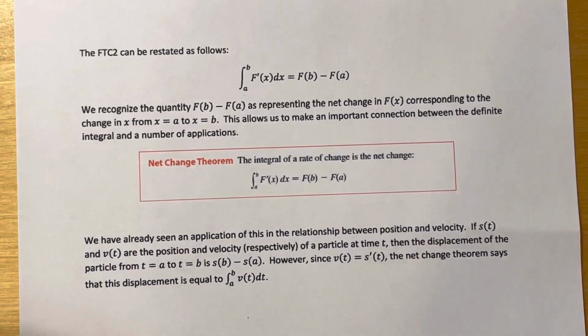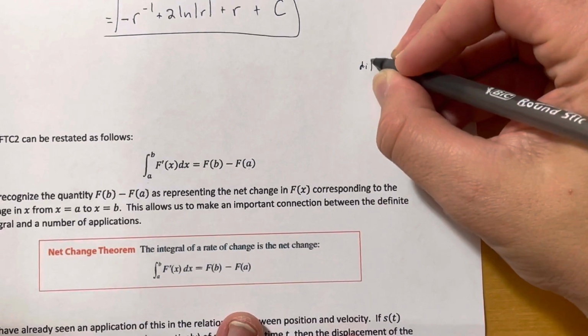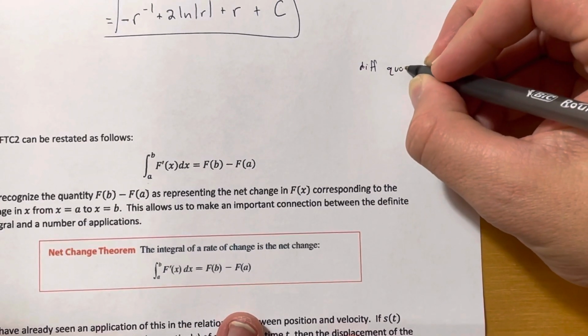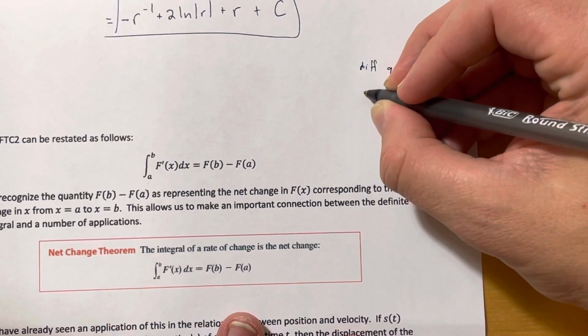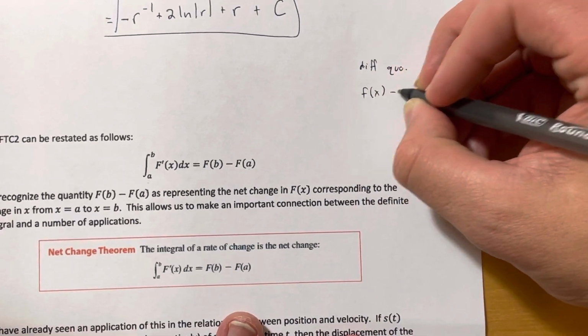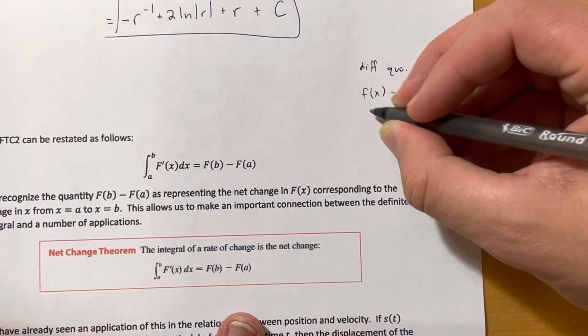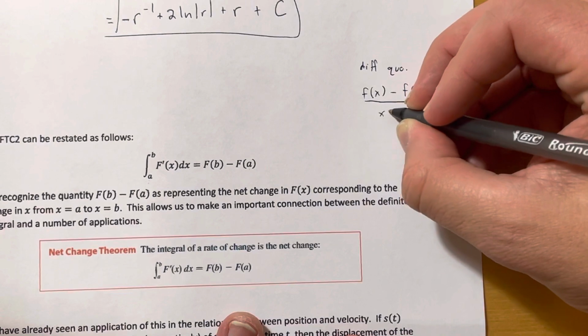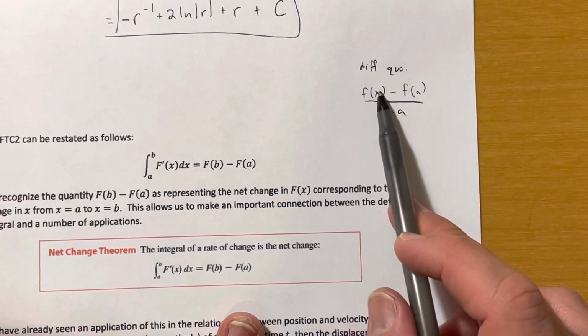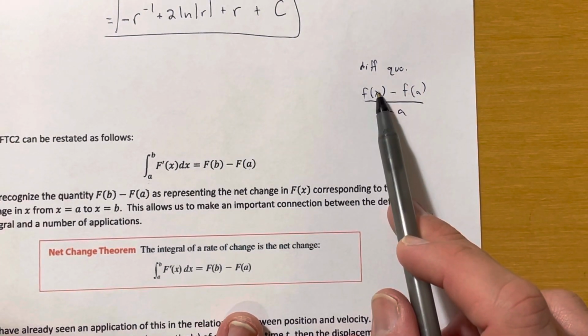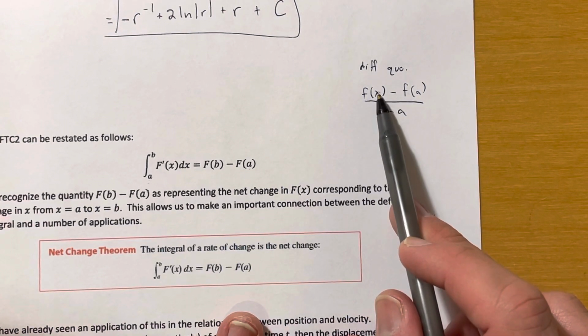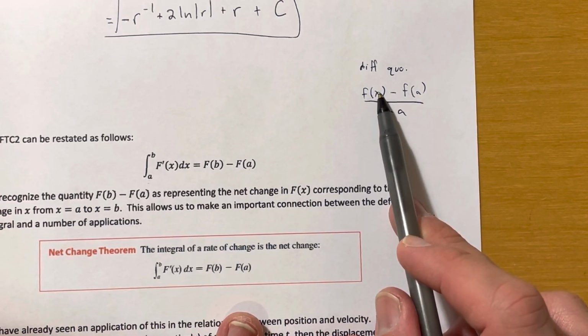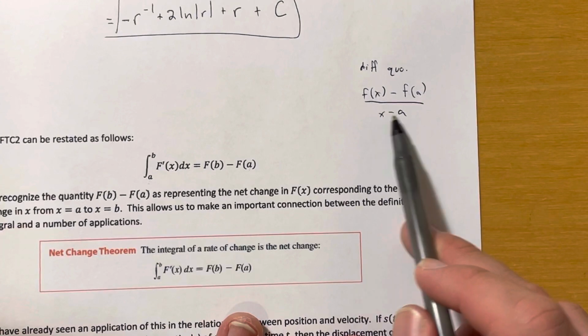When we talked about difference quotients, we defined that to be f of x minus f of a over x minus a. In the numerator, f of x minus f of a corresponds to the change in f from a to x. And then the denominator represents the change in x itself.